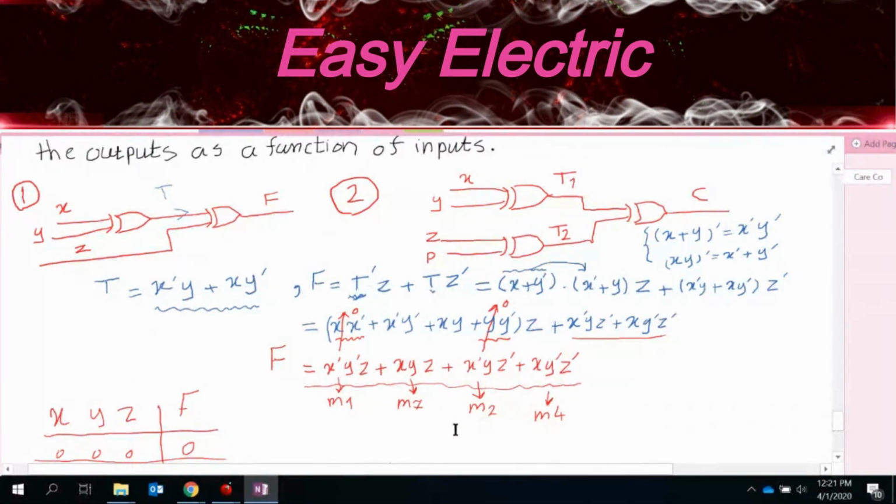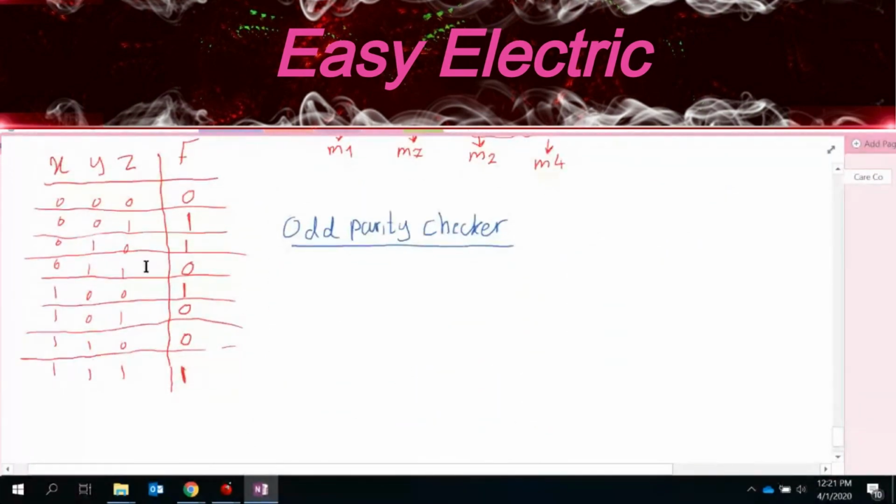So we analyzed the circuit and ended up with the truth table. Whenever you want to analyze a circuit, all the time you need to get the truth table. Then take a look at the truth table and find some functionality for that circuit. For this specific case, we call that an odd parity checker because it's able to detect an odd number of 1s in the input.